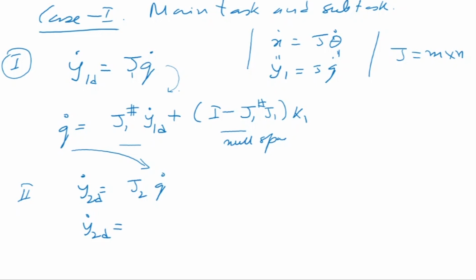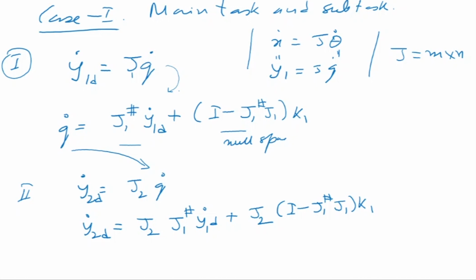is equal to j2 into y1d. So I'm putting this one in here, j2 is there, and j2 will get multiplied into this also, so I get another term plus j2 into I minus j1 hash j1 into k1.